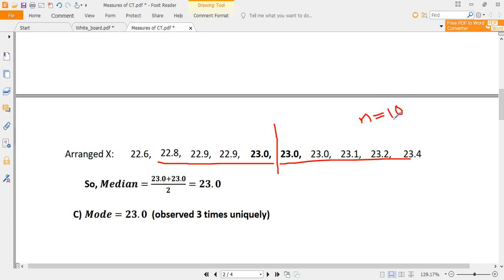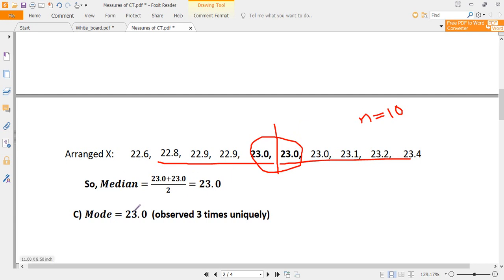If the number of observations is even, we take the average of the middle two values. The middle two values are 23 and 23, so the median is 23.0 plus 23.0 divided by 2, which is 23.